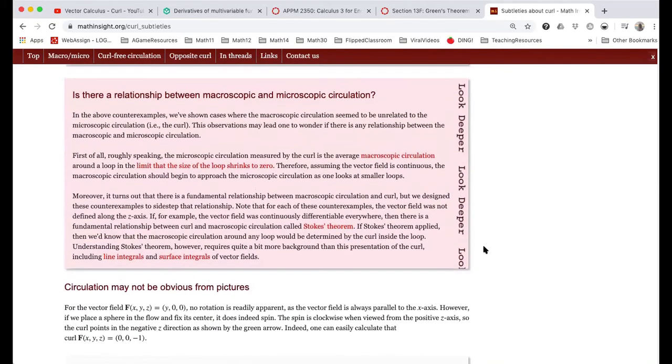And that's summarized here if you want to read this. It's saying, shouldn't there be a relationship between macroscopic and microscopic? And the answer is yes, in general, that should be the case. But it really only works if we have functions that are continuous and whose partial derivatives are continuous. And that's going to be the requirement for what we call Stokes' and Green's theorems.